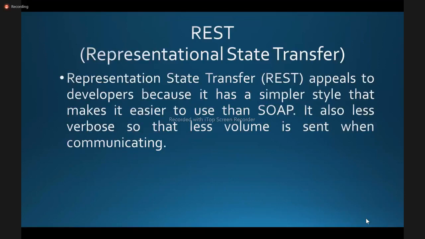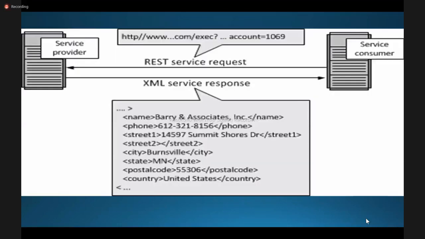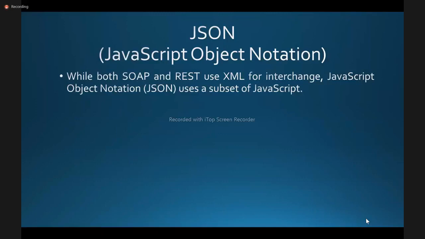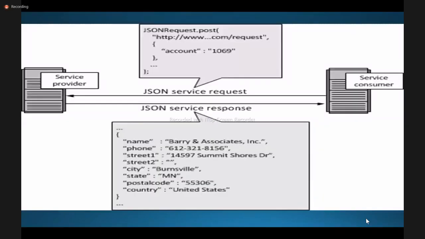In this, we send a query request. The consumer will send a query request, and the provider will send a response. The query, it will be in XML. Now we are using JSON, JavaScript Object Notation, and in this the request and response will be in JSON.